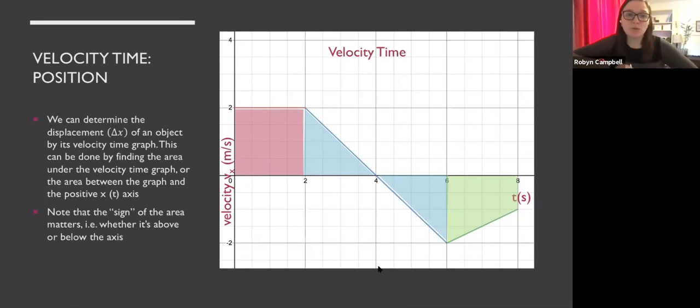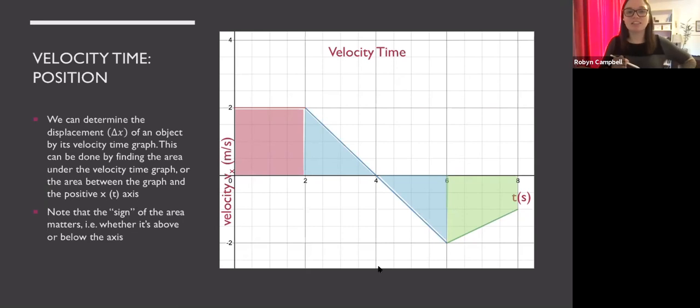Okay, so to go from velocity time to position, first of all, you're going to need the initial position. That's very important because otherwise you don't know where to start. Then you can find the area between the curve here and the x-axis, and in this case, the x-axis is t, right?